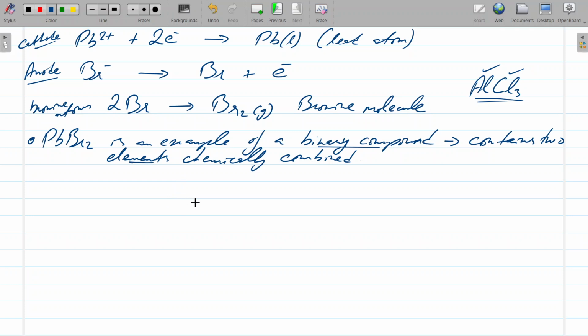Okay. Yeah. All right. What else? What we learn in this example is that there is a transfer of charge during electrolysis. In the example of lead bromide, there's a transfer of charge.